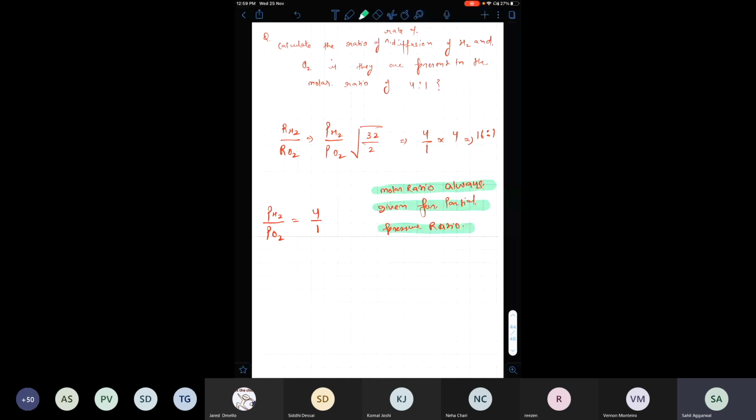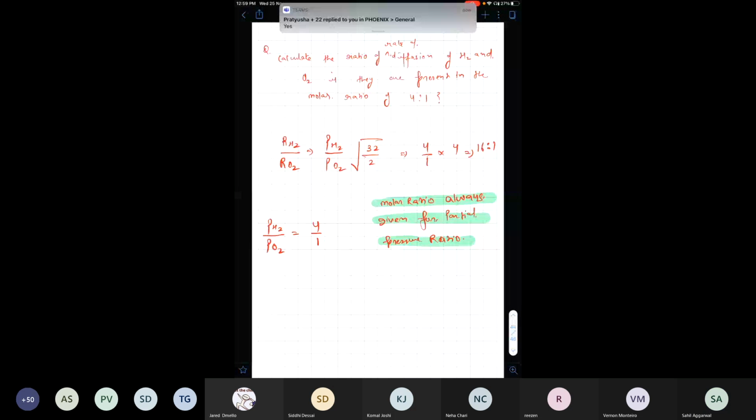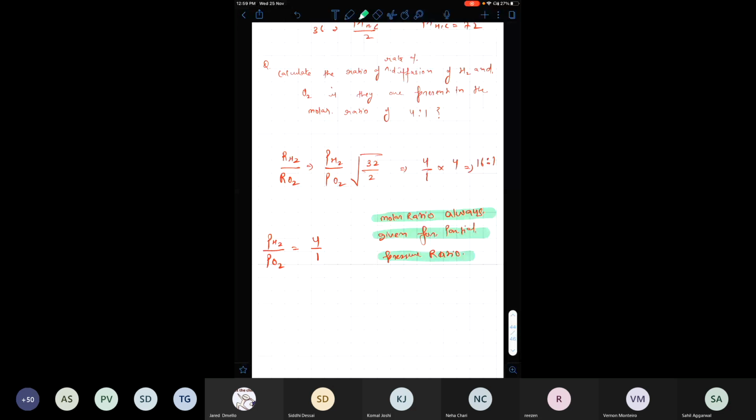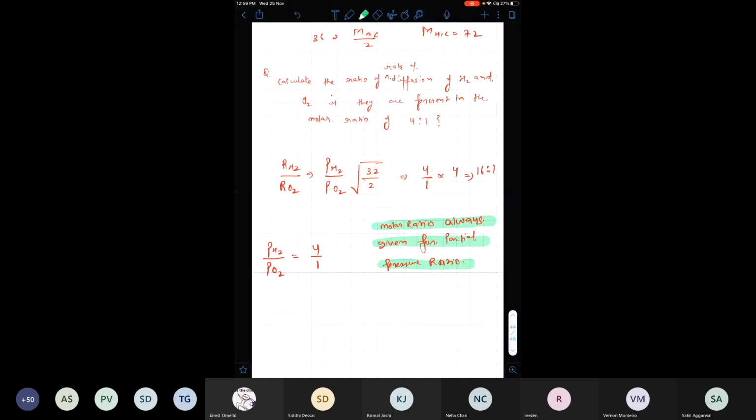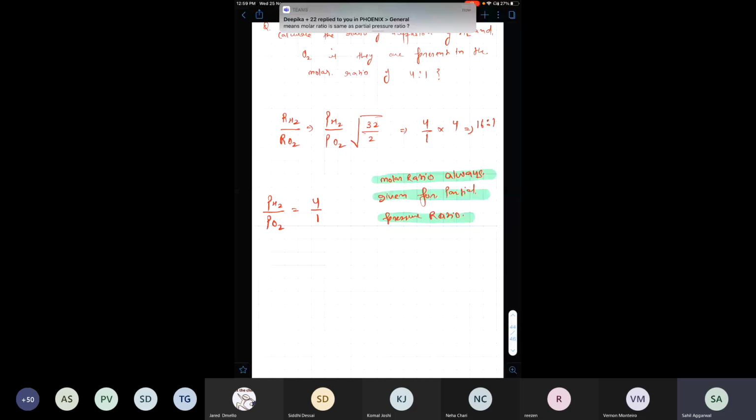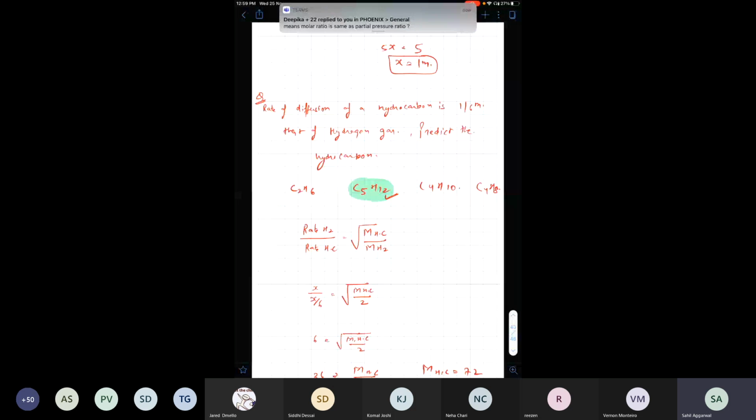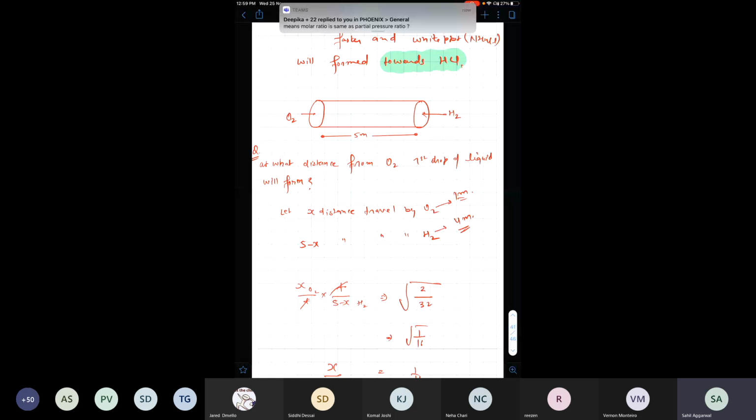Any problem to anyone in this? Means molar ratio is same as partial. Yeah, I told you that thing in Dalton's law only.